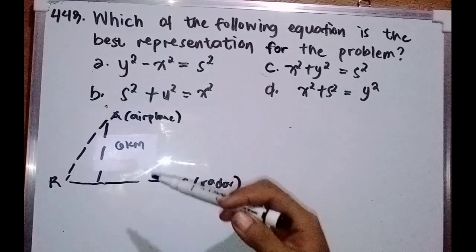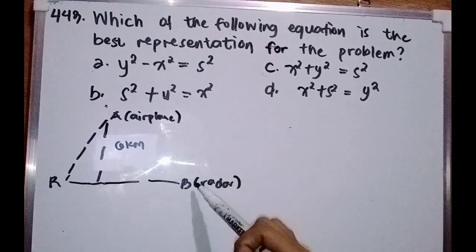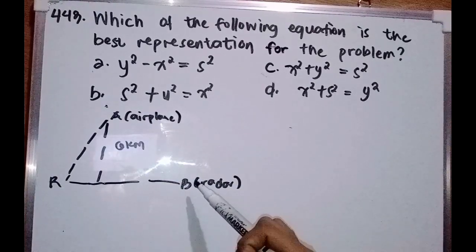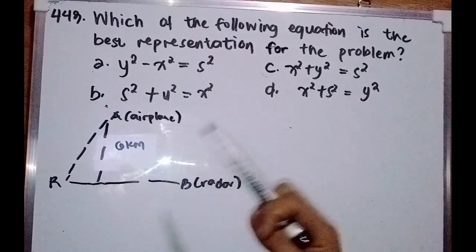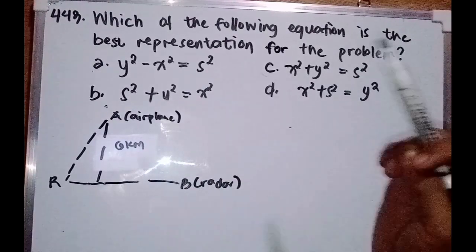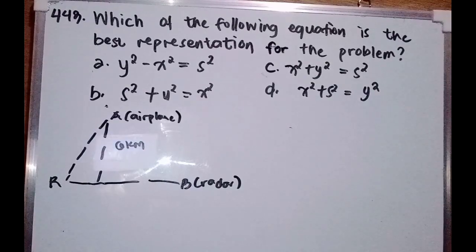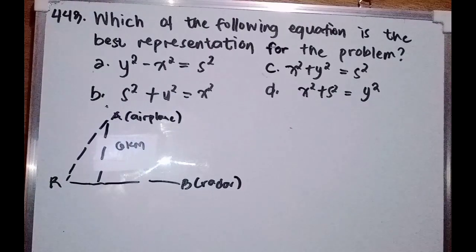So the horizontal distance between A and B is x, the vertical distance is y, and the distance between the airplane and the radar station is s. Since the airplane is flying toward the radar station, the distance is decreasing at a rate of 400 km per hour.